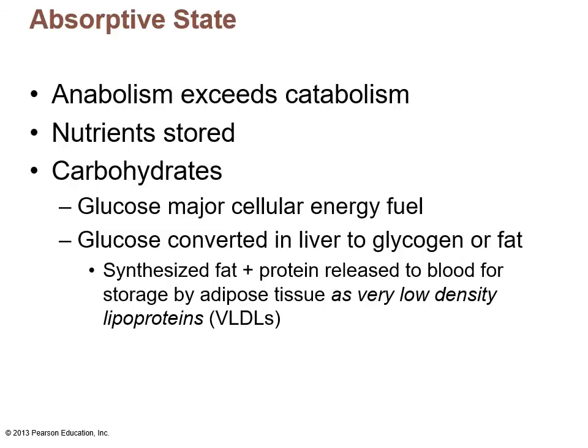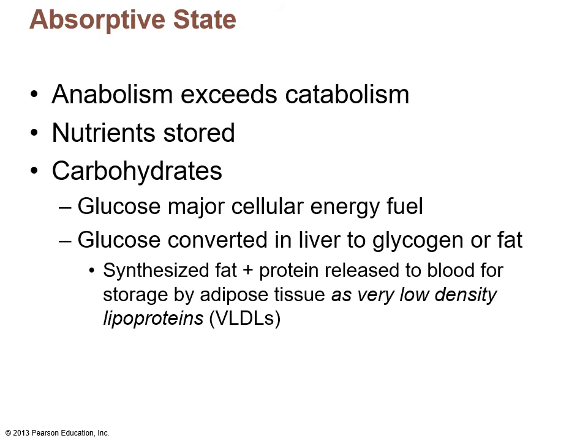to understand. Now, there are 2 states I want to talk about. This happens when you're digesting a meal, and you're absorbing the end products. Anabolism exceeds catabolism. You're absorbing nutrients, the cells are taking in the amino acids, the simple sugars, the glucose, and the breakdown products of fat, and you're storing these substances.